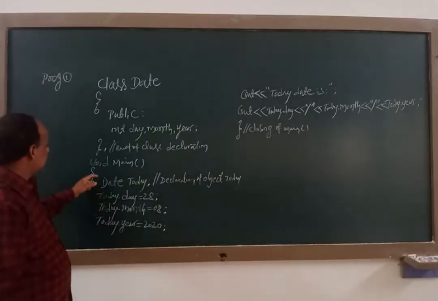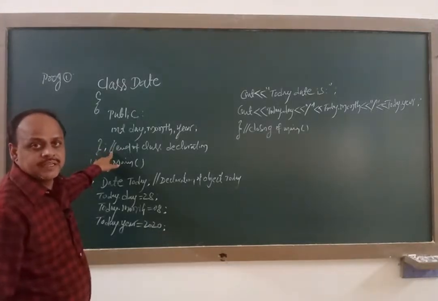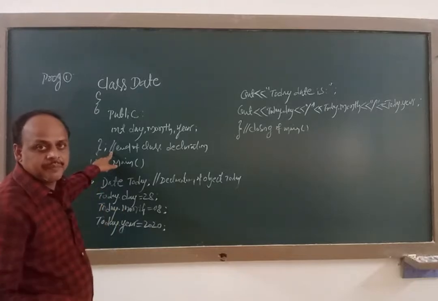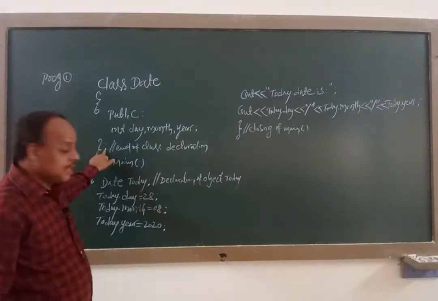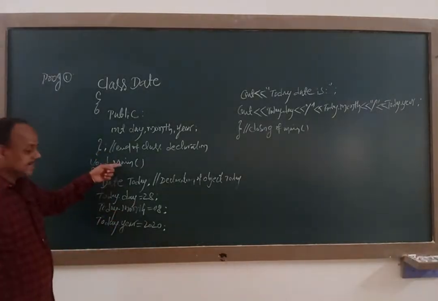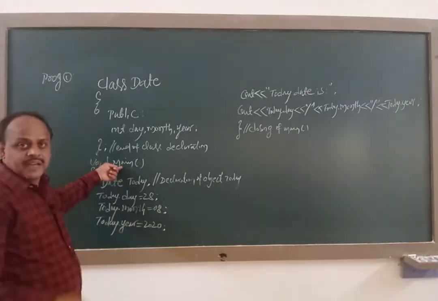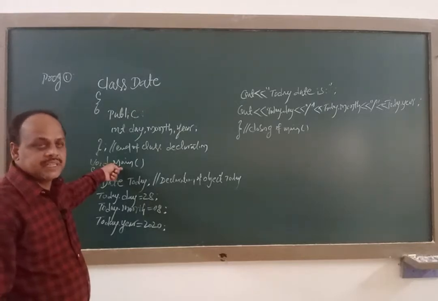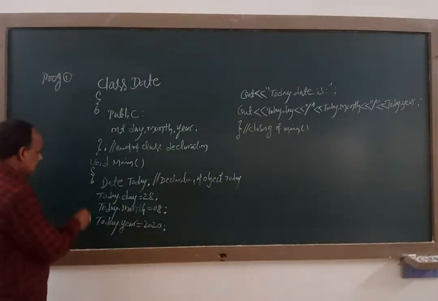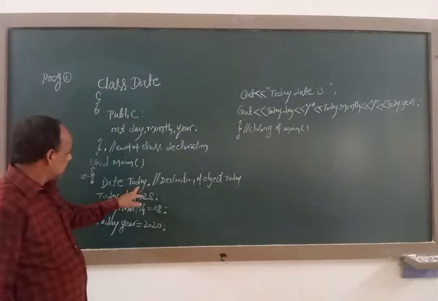In the main function, an object can be declared in two ways. It can be the very first statement in the main program, or before closing the class we can declare the object. But for this program I am declaring the object in the main function, as we discussed in the last class, as the very first statement. That's why after the open curly bracket in the main function I declared an object called today.